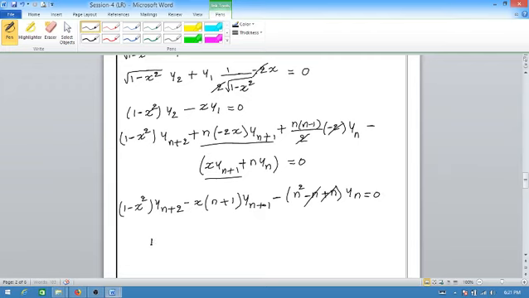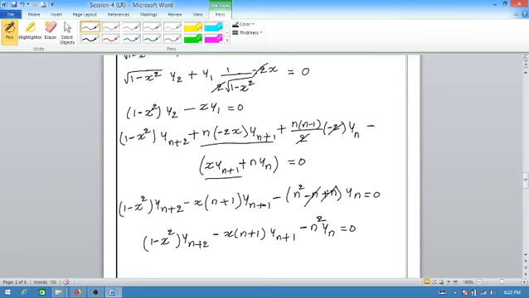One more step I will write, 1 minus x square yn plus 2 minus x into n plus 1 yn plus 1 minus n square yn is equal to 0.